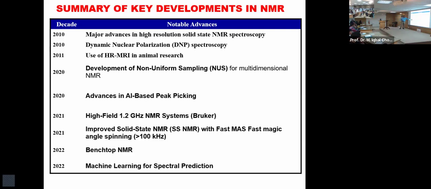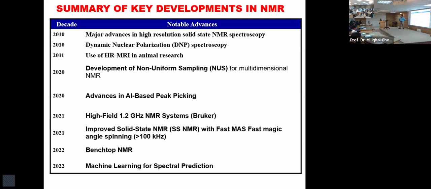And at this point of time, 1.2 gigahertz, 23.76 Tesla machines are already in the marketplace. We have an 800 megahertz NMR, which is about 18 Tesla. And now 23 Tesla machines are already available.